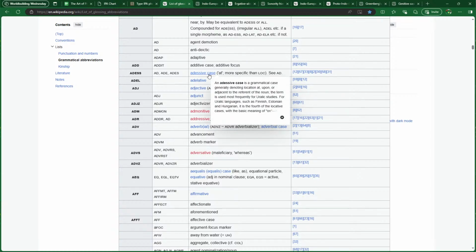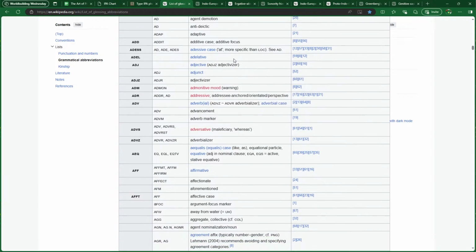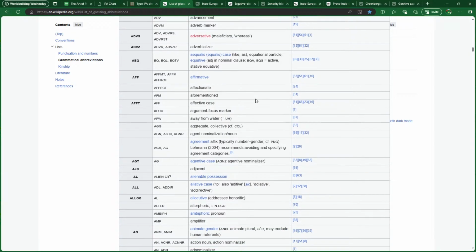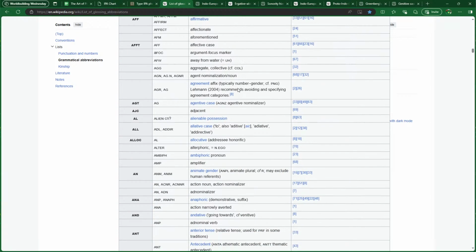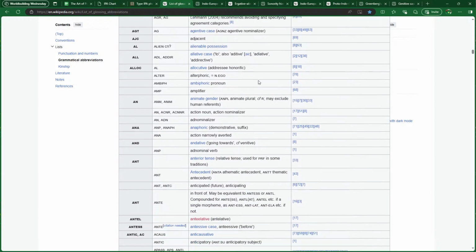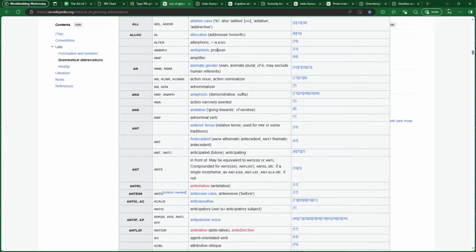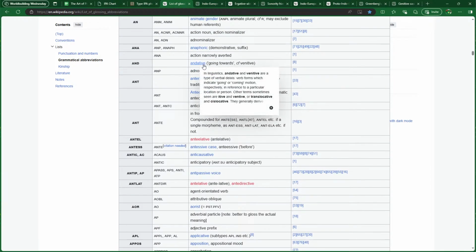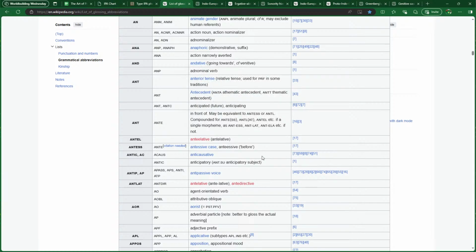Adessive case. Okay, it's just a locative. Delative. No. Hmm. No. Additive. Hmm.